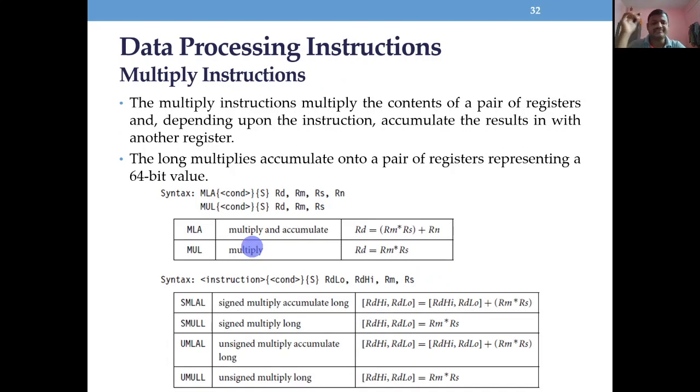Now come to the multiply instruction. This is a bit lengthier. Only copy the syntax and MLA and MUL, because we most frequently use MLA and MUL. The rest, signed multiplication, unsigned multiplication and long multiplication, are very rarely used. Only copy the syntax and the MLA and MUL instructions.